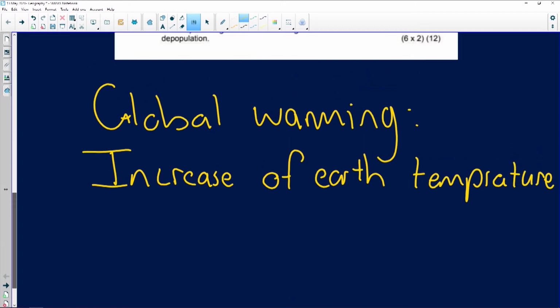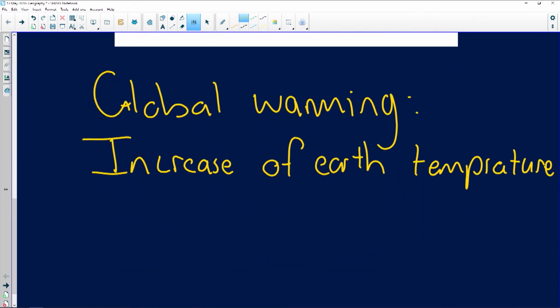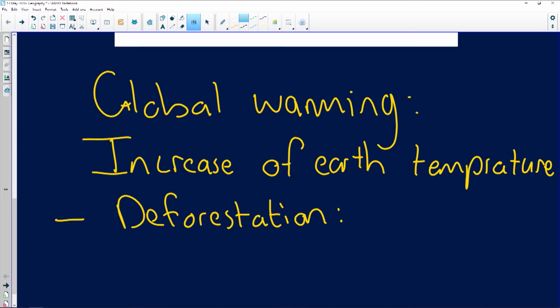Now, we know what happens with global warming. The temperature of the Earth increases. Why does it increase? Because of human activity. We deforest. I just want to recap on this, just remind you. When deforestation takes place, what happens? We remove plants and trees to construct buildings. Now, plants help to cool an area down.